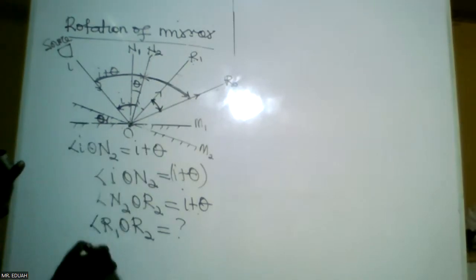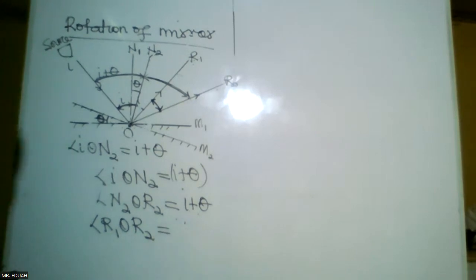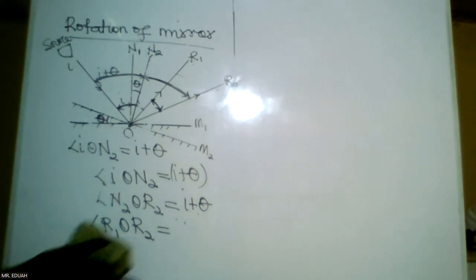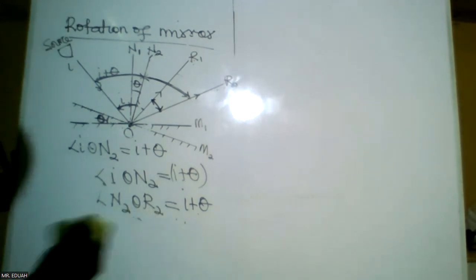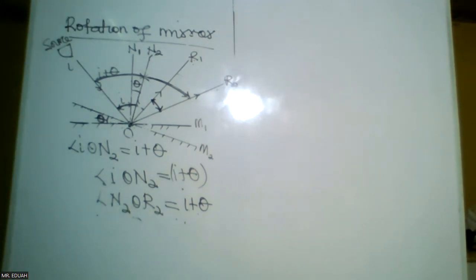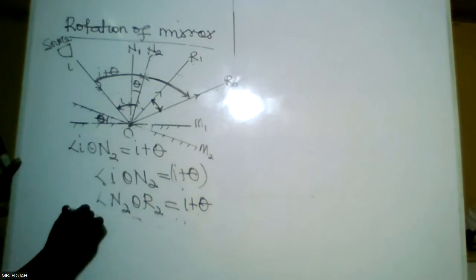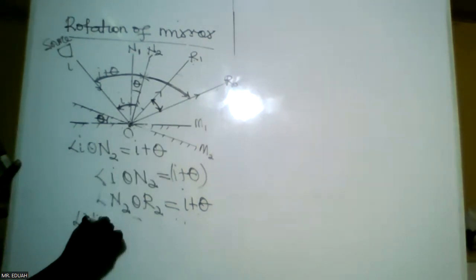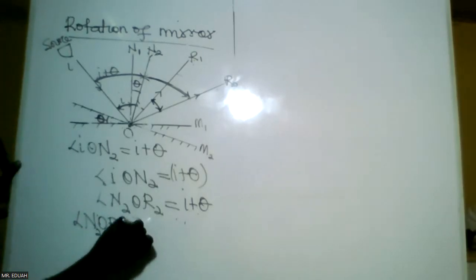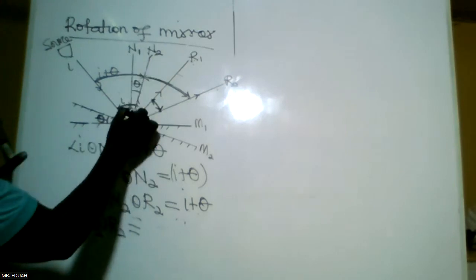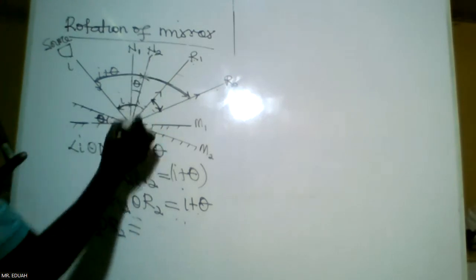The bigger angle of reflection, angle N2OR2, is equal to this small angle plus this angle.